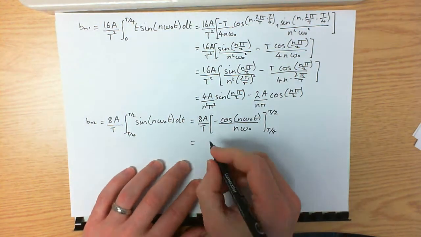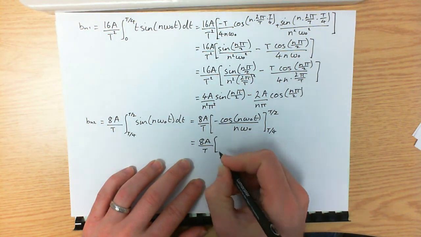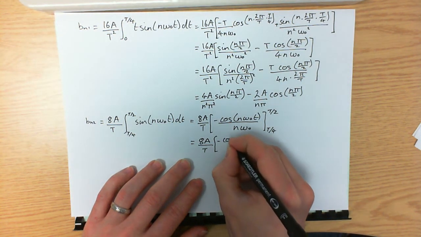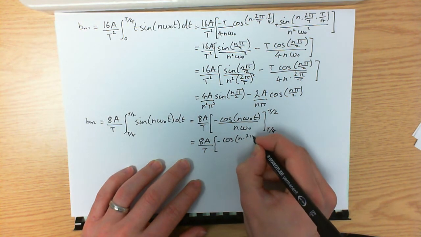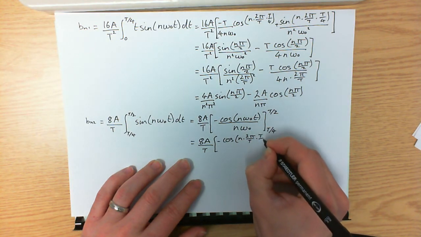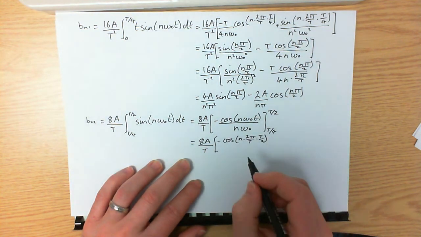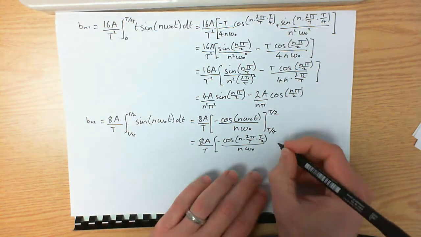Well, if we put those limits in, what do we get? So we've got 8a over T. So we've got minus cos of n times 2 pi over T times T over 2, over n omega naught.